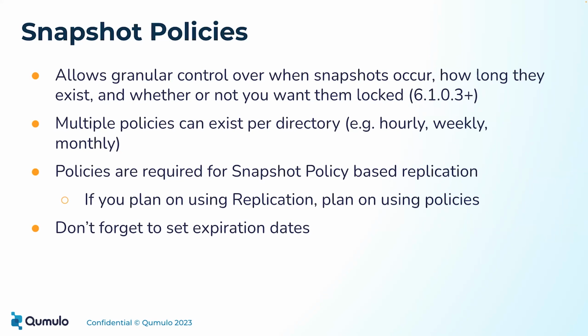I will spend some time talking about that specifically, but keep this in mind here. You can have multiple policies per directory. So you can have a daily snapshot, you can have a weekly snapshot that covers the same directory that is covered by an hourly or a minute policy.